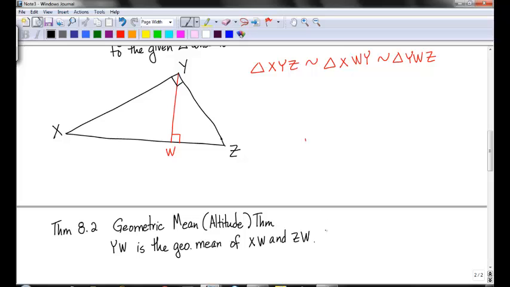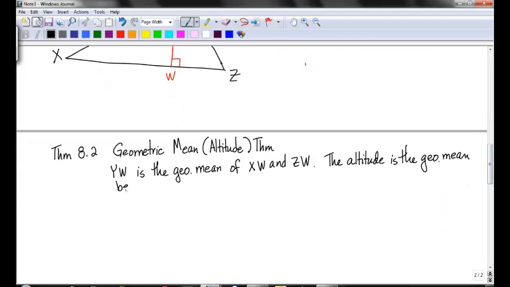Another way to say that in words, the altitude is the geometric mean between the two segments of the hypotenuse.